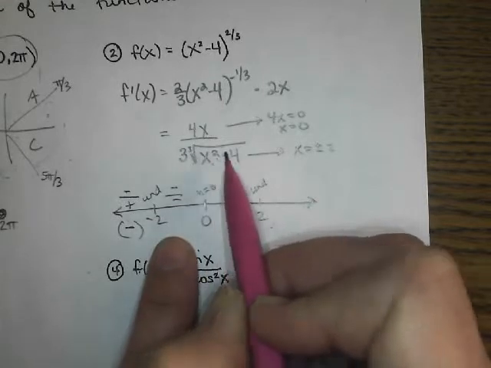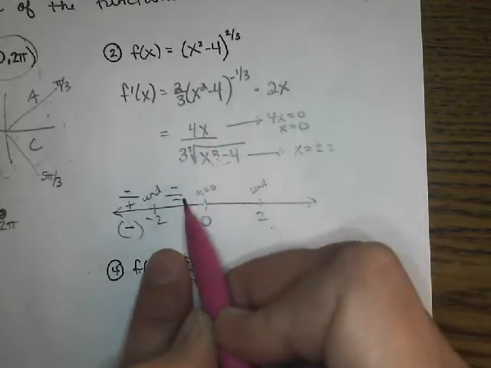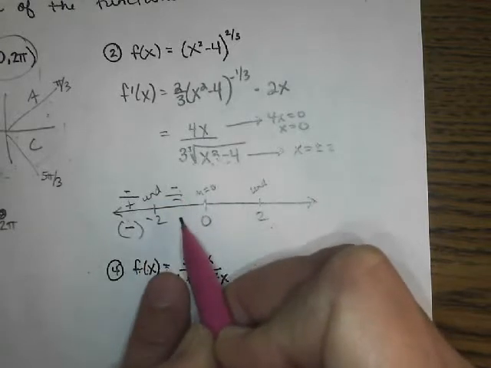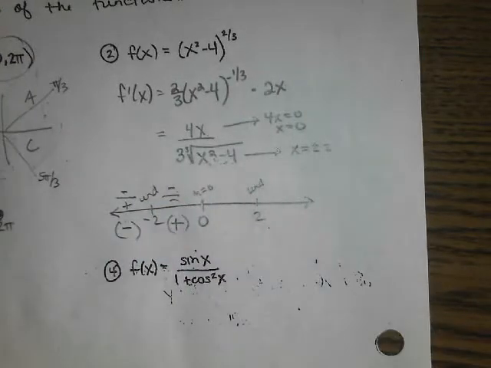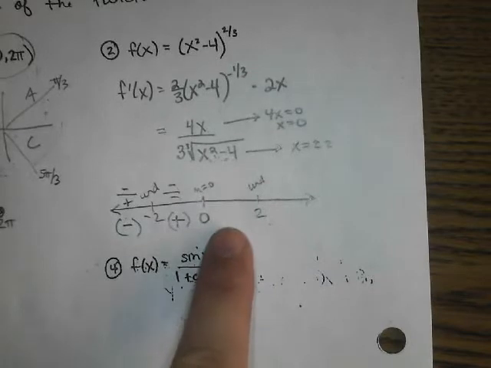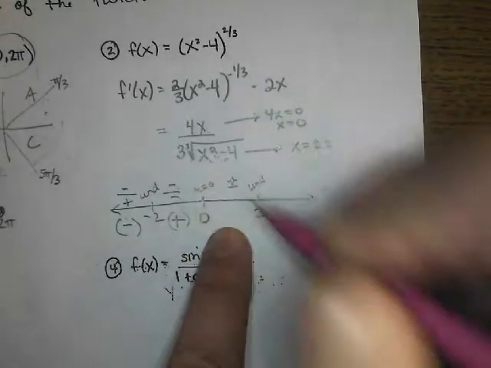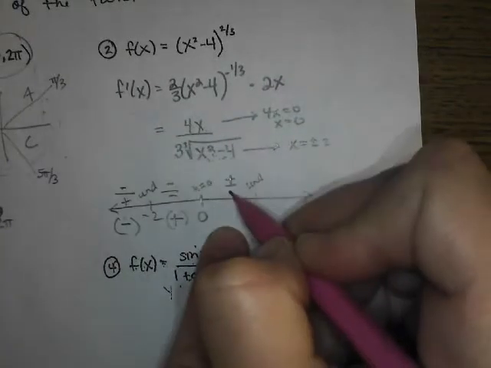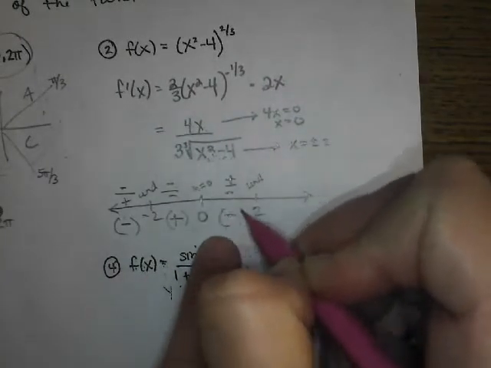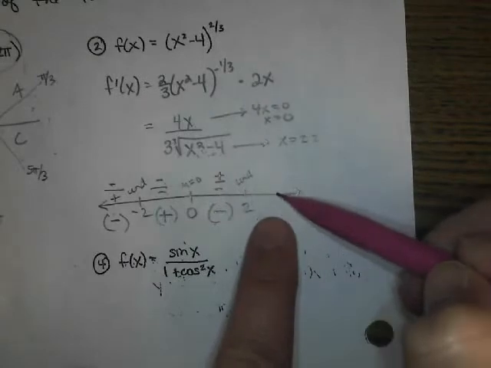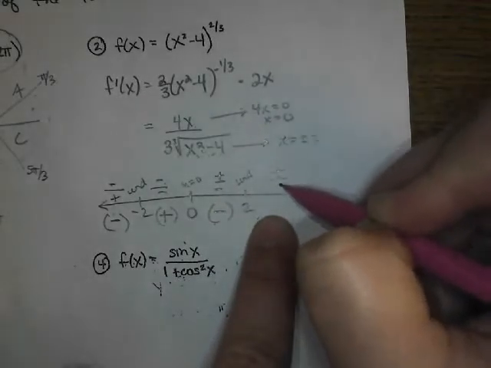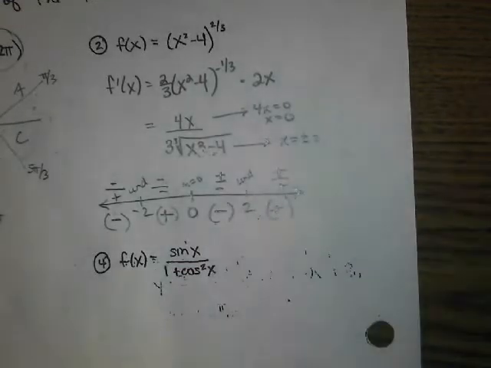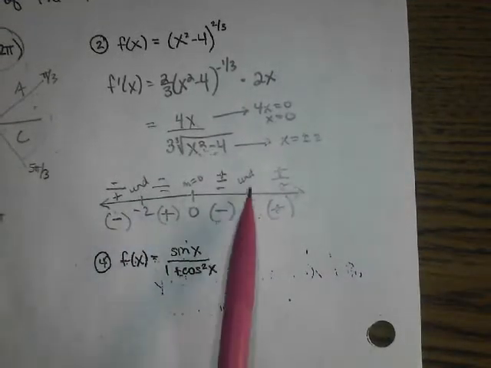What's gonna happen when I plug in 1? A positive on top over a negative on bottom. That's going to be a negative overall. And what happens when I plug in 3? Positive on top, positive on bottom. So, given that even though these have an undefined slope, they're not undefined function values, tells us that we can still treat these as a minimum or a maximum.